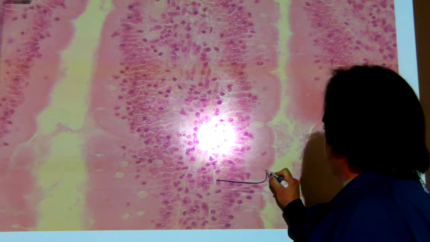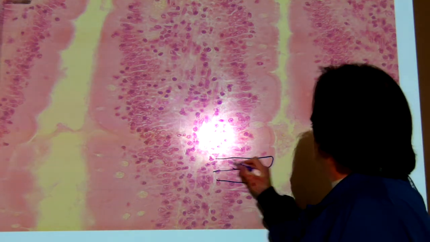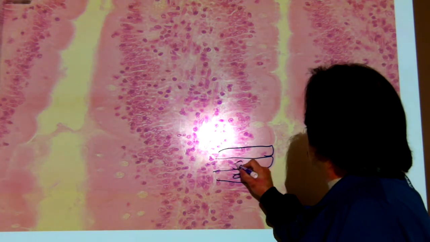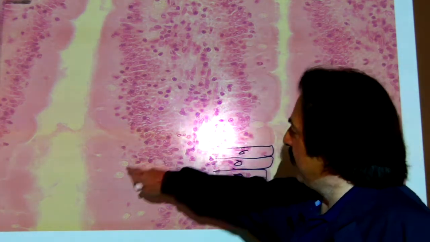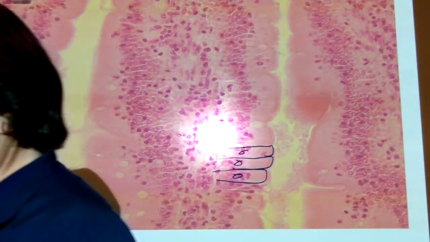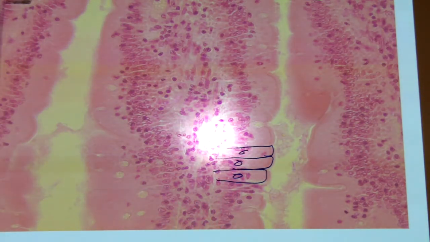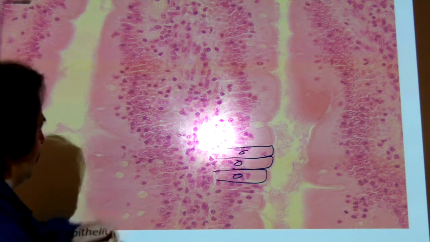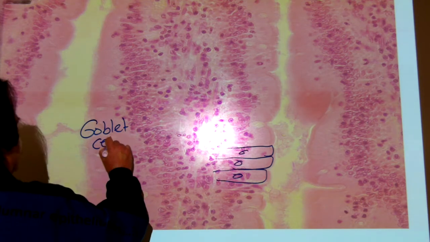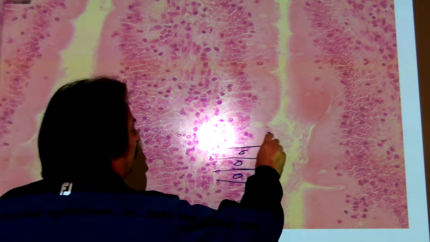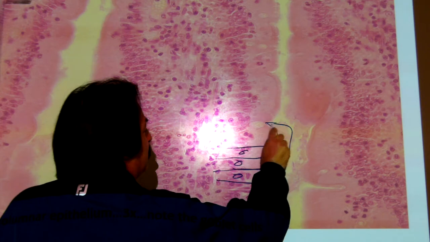Let's zoom this up so that you can see the columnar cells. Okay, just like that. Notice some of these opaque circular things that did not take up any stain. Those are goblet cells. And goblet cells expel mucus.